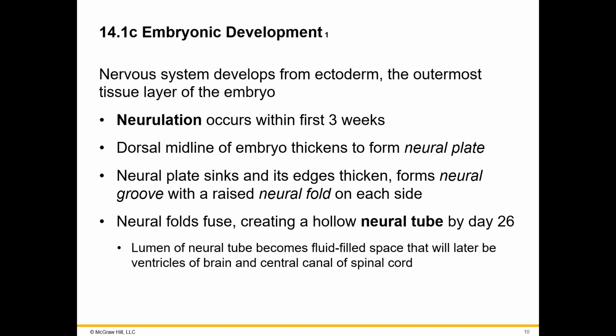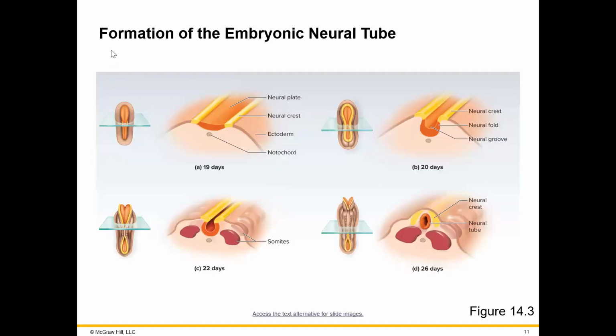Neurulation is a very important step within your embryological development. We create a hollow neural tube by day 26. So then we have the formation of the embryonic neural tube.